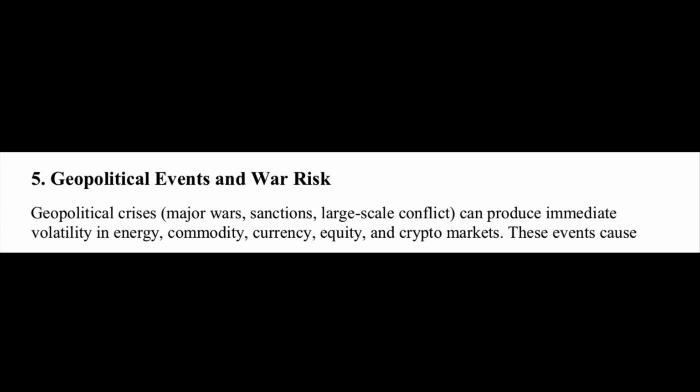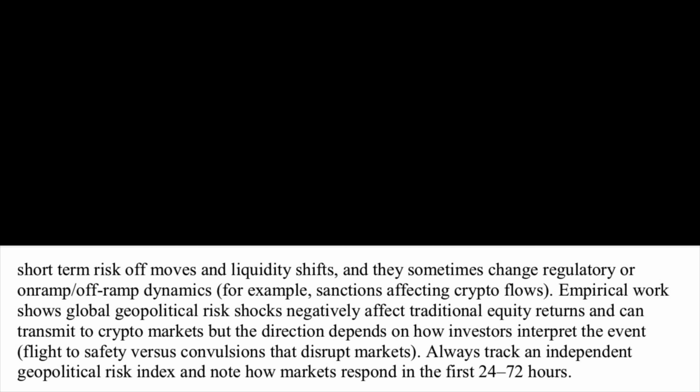So now let's go into geopolitical events and the risk of war and how it has a direct impact on cryptocurrencies. Geopolitical crisis, major wars, sanctions, large-scale conflict can produce immediate volatility in energy, commodity, currency, equity, and crypto markets. These events cause short-term risk-off moves and liquidity shifts, and they sometimes change regulatory or on-ramp/off-ramp dynamics.